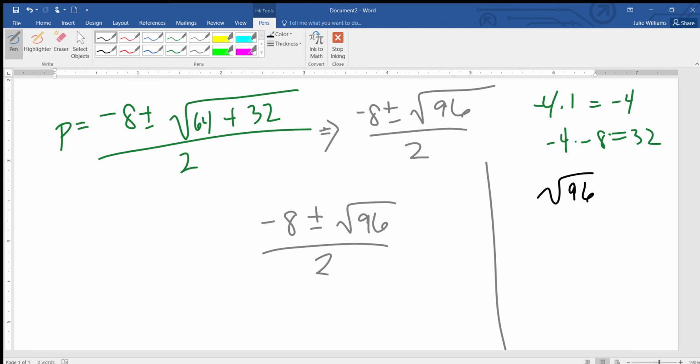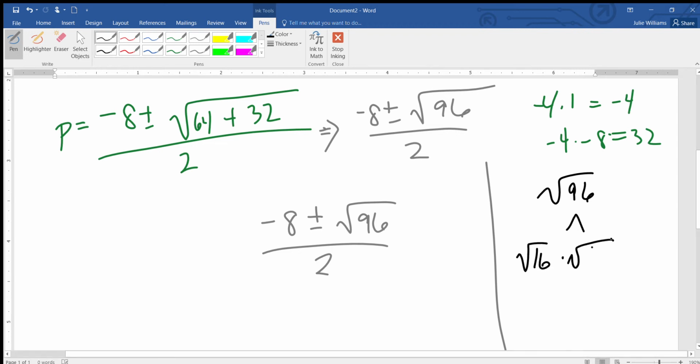Let's think of some perfect squares. We know 4 is a perfect square, so let's see if 96 is divisible by 4. It is. It's 24. But 24 also has a factor of 4 in it. So let's try 16. 96 divided by 16 gives us 6. So the square root of 96 is the same thing as the square root of 16 times the square root of 6.